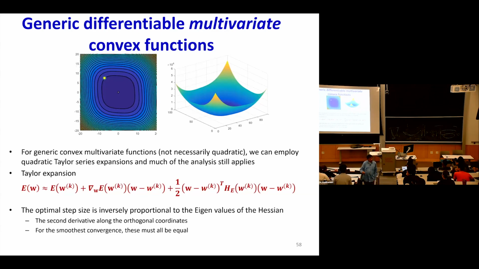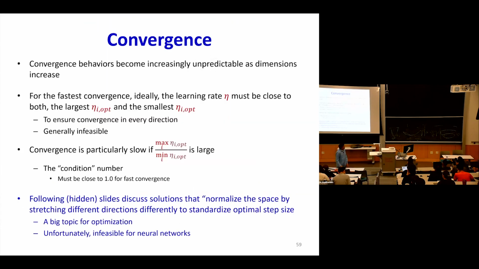And as you increase the condition number of the Hessian matrix, which is the ratio of the largest to the smallest eigenvalue, the function becomes more and more wonky, flat in one direction and steep in the other, which makes it impossible to optimize. So you generally want the largest and the smallest optimal step sizes to be as close as possible, right? But that's not always going to be the case.